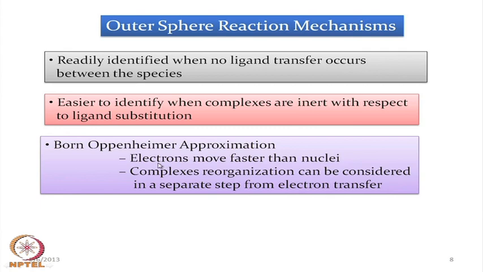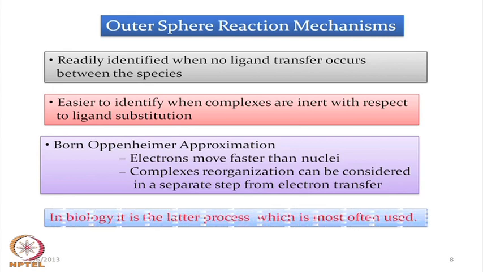The rate of the outer sphere reaction depends on the product of the oxidant and the reductant concentrations and the corresponding K value, and the complex's reorganization can be considered a separate step from the electron transfer. The reorganization step is different and also takes some time, which is why the rate of the reaction also depends on it.